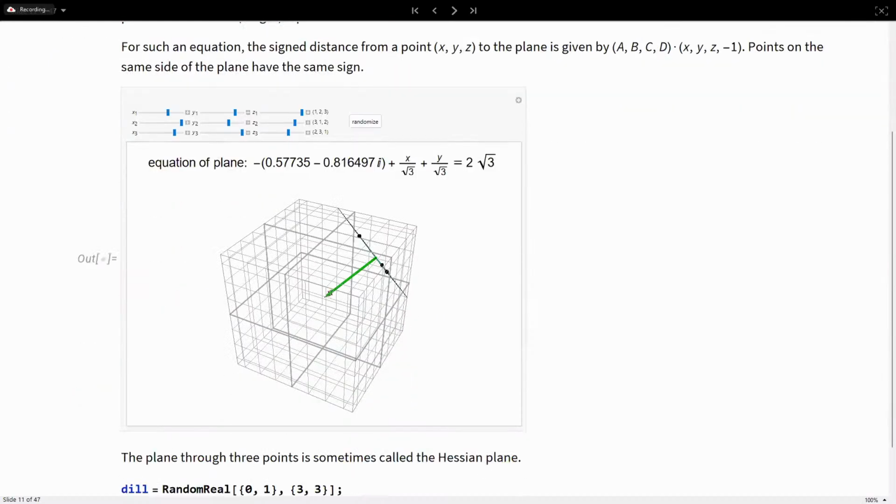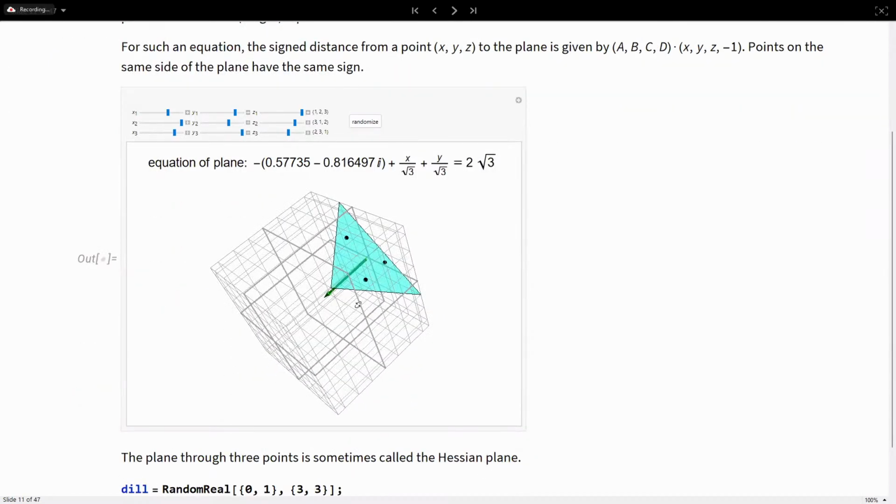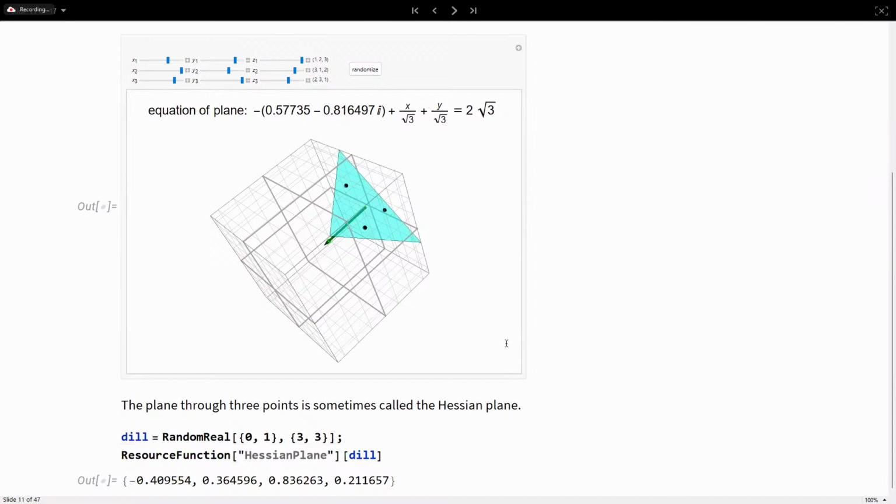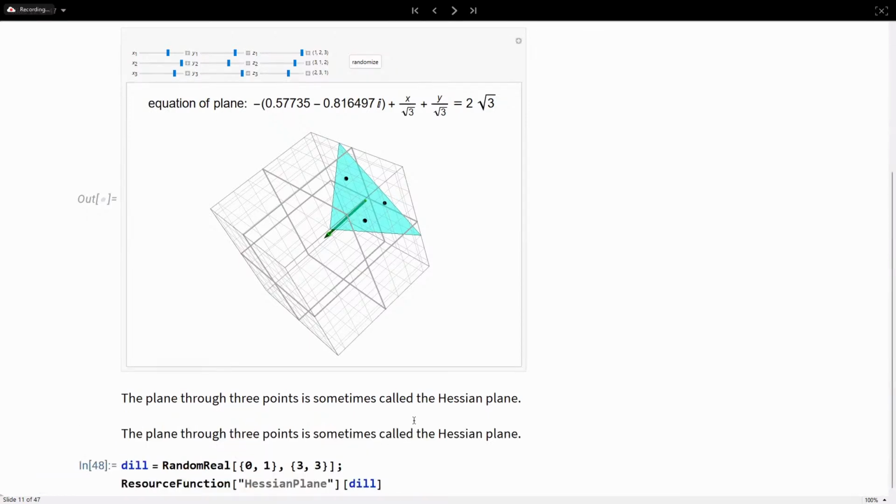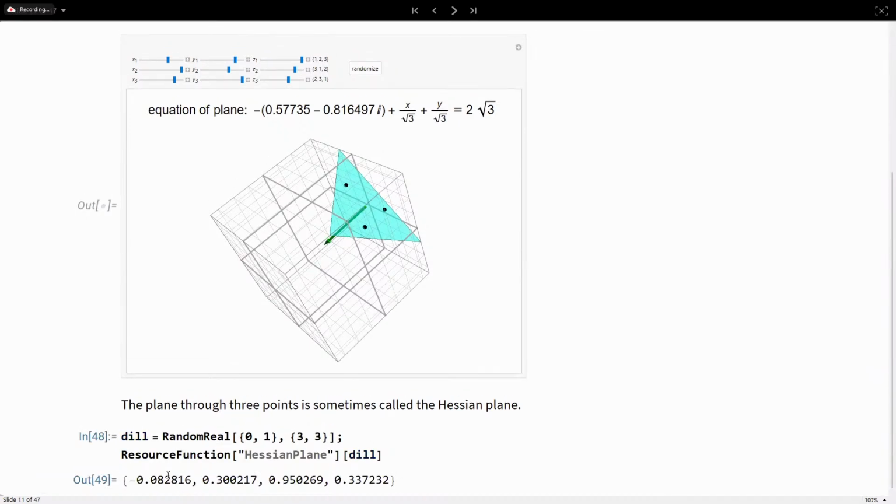So here we have the Hessian form of a plane. So we have a function called Hessian plane where you can get a Hessian form.